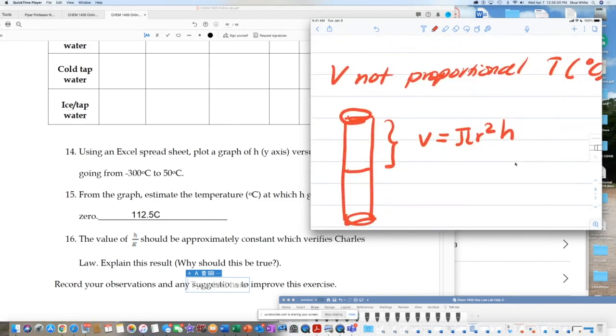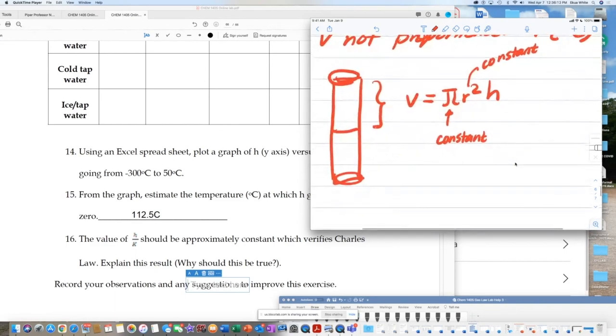Mathematically, based on the way the experiment is set up, the volume is equal to pi. Pi is a constant measurement, right? It's a constant value all the time. Since we're using a straw whose radius is not changing, in this context the radius is a constant, right? Remember earlier when we were trying to keep certain measurements from influencing what was going on, we made them constant.